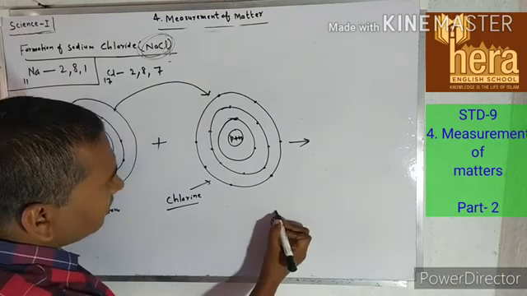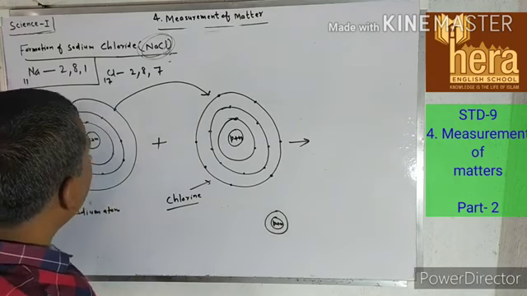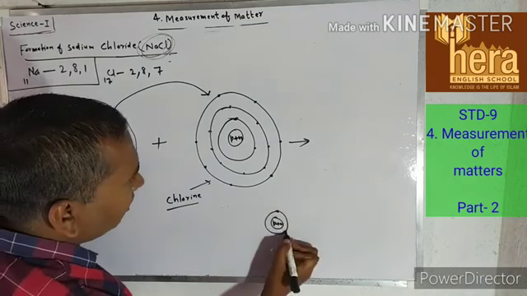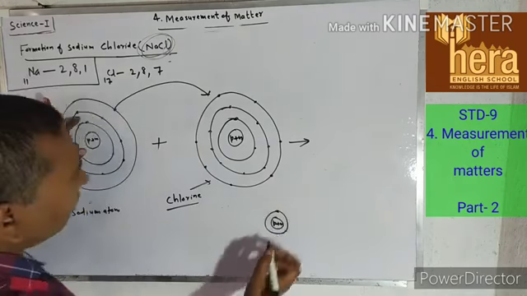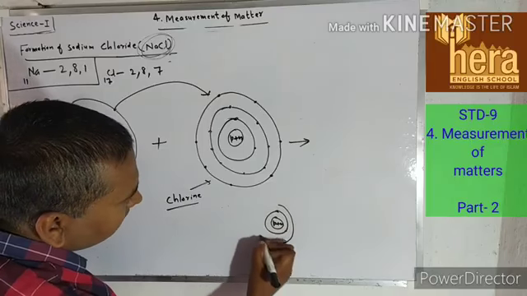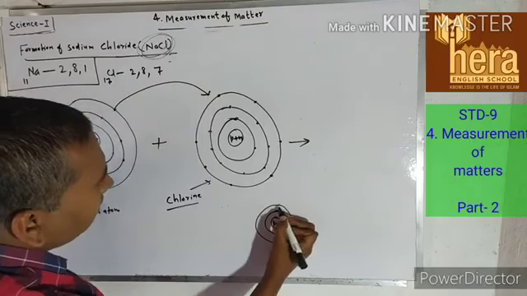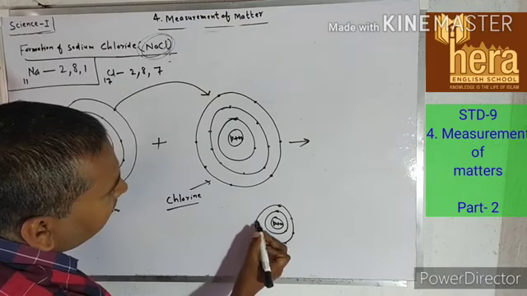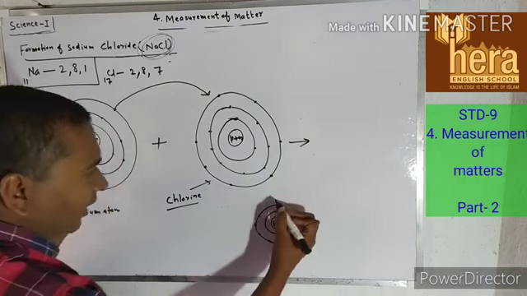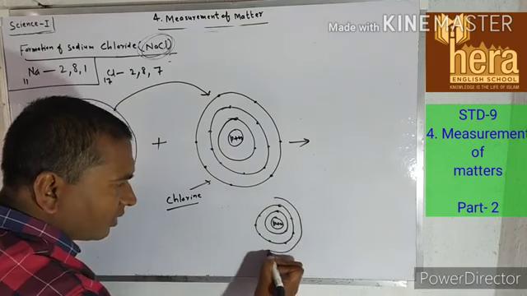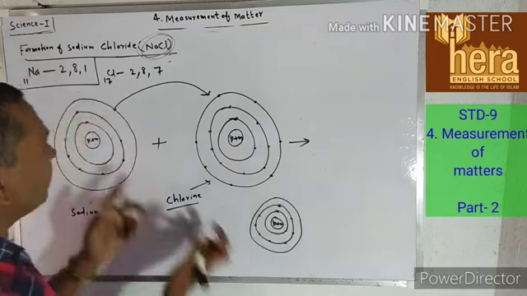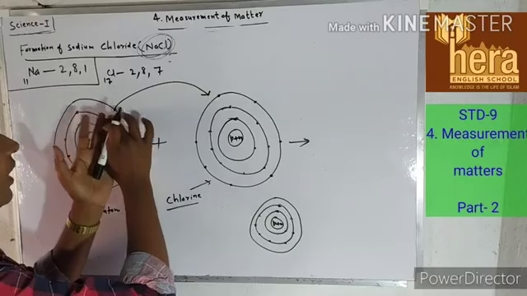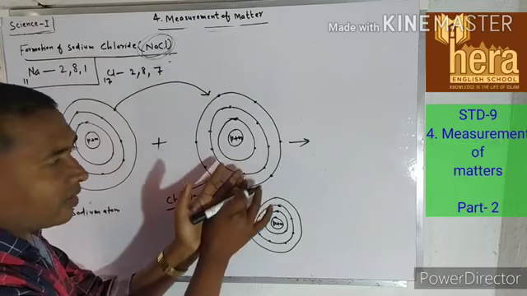In the first orbit, again there are 2 electrons. Second orbit, there are 8 electrons. 1, 2, 3, 4, 5, 6, 7, 8. And in the third orbit there is no electron, since this electron is given to the chlorine atom.